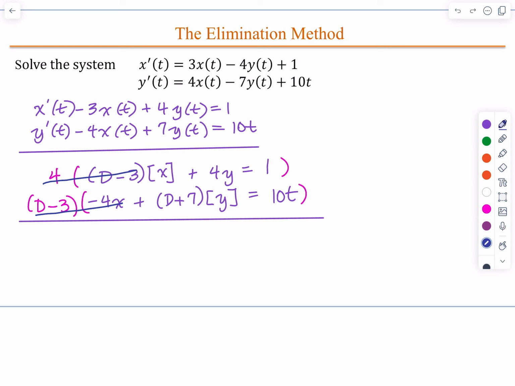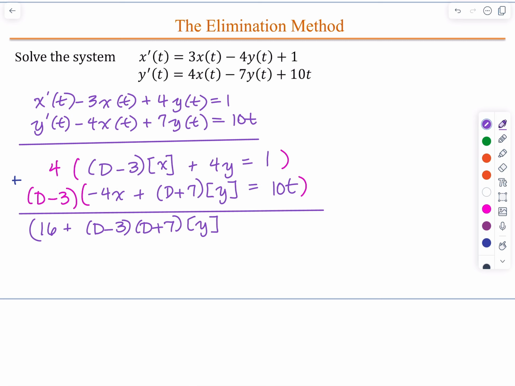So adding these together will allow us to end up with 16 plus d minus 3 times d plus 7 of y, and that's equal to, and of course we'll have this 4, and of course that's 4 times 1, plus we have the d minus 3 operator on 10t.